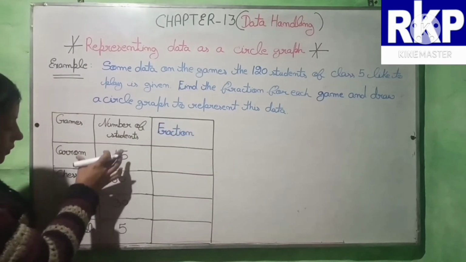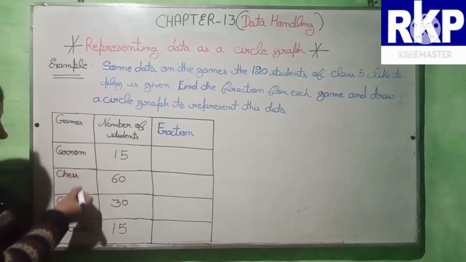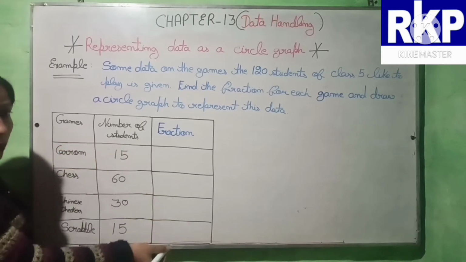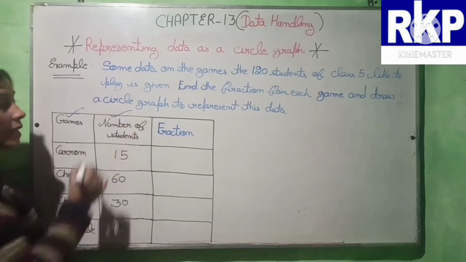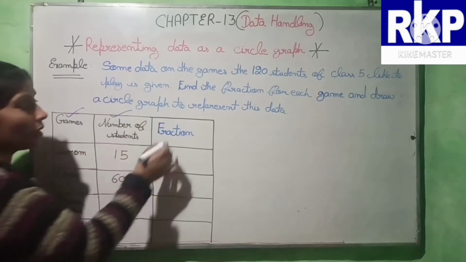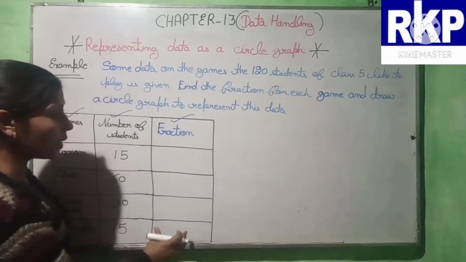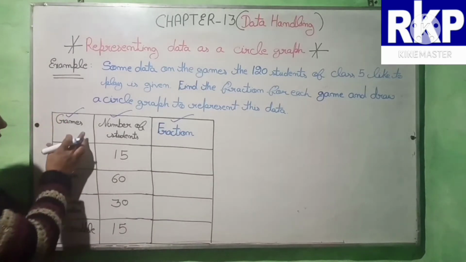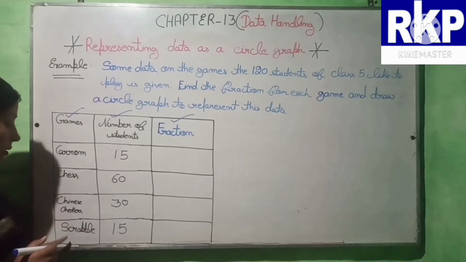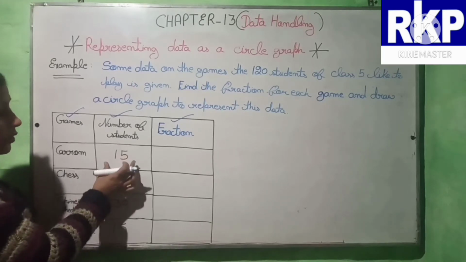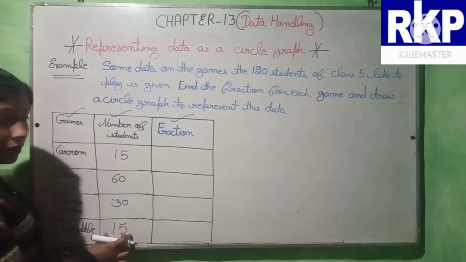So here beta, you can see we have 3 columns. In the first column games, in the second column number of students, and in the third we have to find out the fraction. In the first column, you can see carom, chess, Chinese checkers and Scrabble. And here 15, 60, 30 and 15.